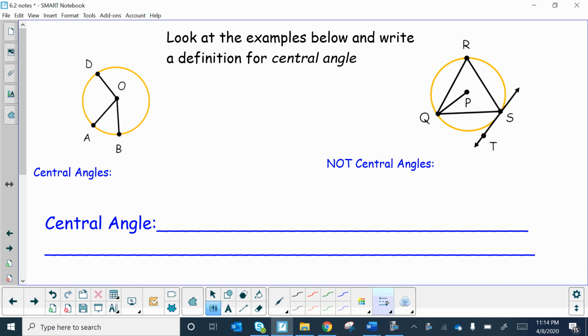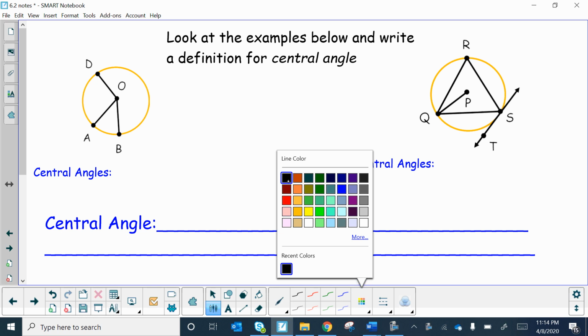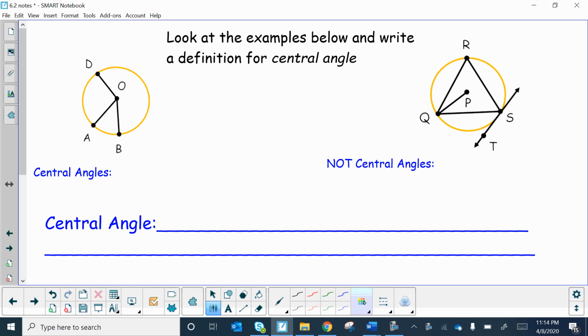So right here on the left, we have angle DOA and angle AOB and angle DOB.